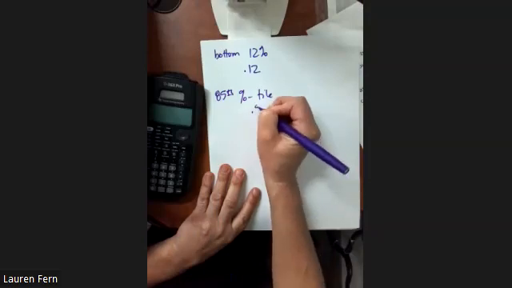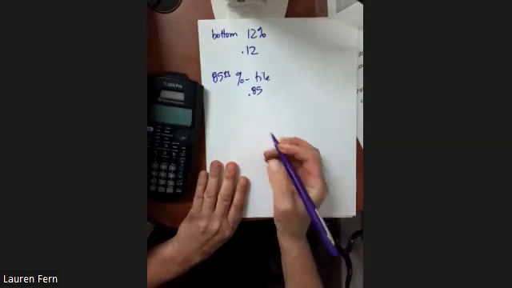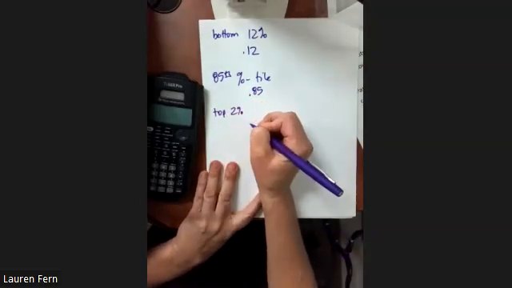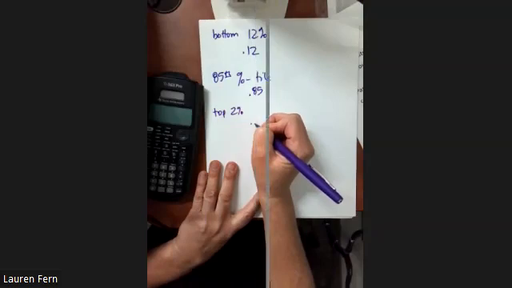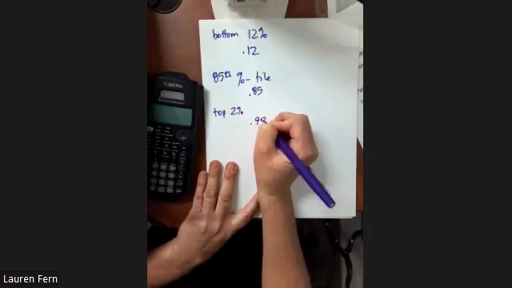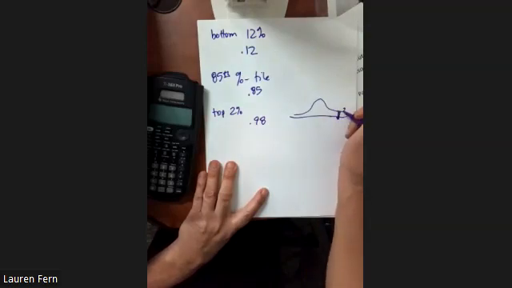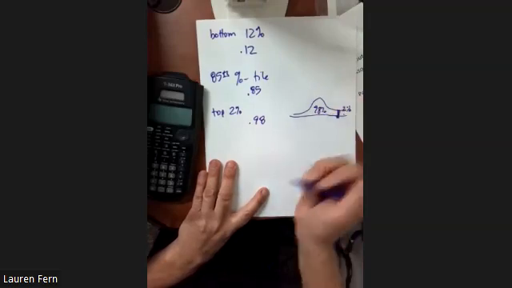Okay. 0.85 would be the area to the left. Good. What if I said the top 2%? What would be the area to the left? .98, right? Top 2%, pretend this is a picture, is 2% here, so 98% is down here.